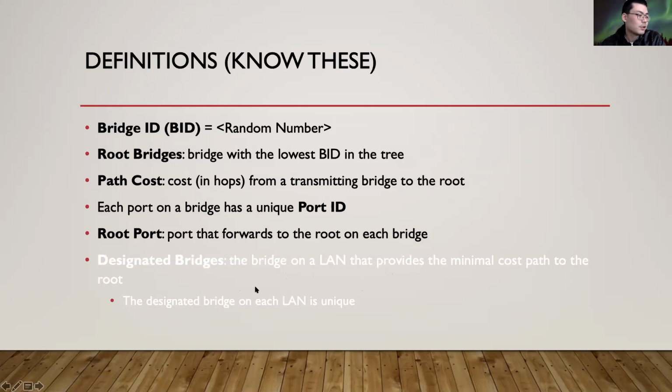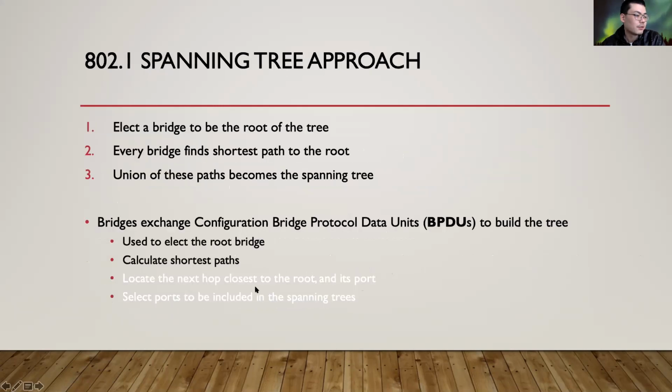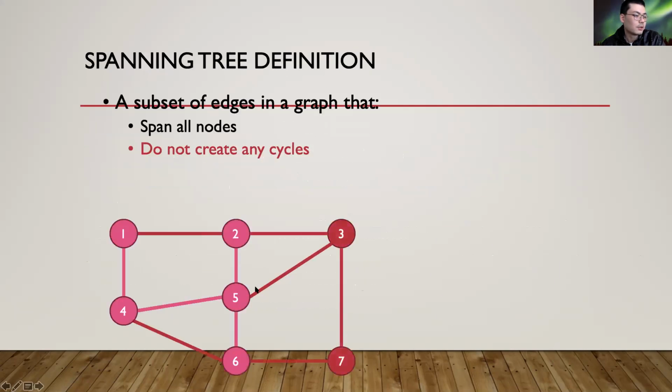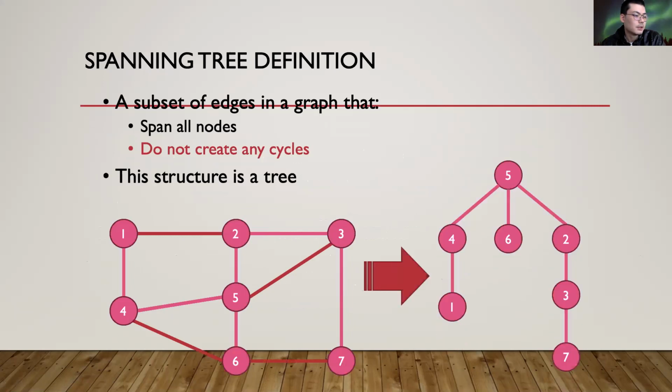Because it's a tree, if you are in the tree, you can only go all the way to the root. For example, if you are 1, you will not send to 2 because it's not part of the tree. So 1 goes to 4, goes to 5. It's unique. If you want to go to 2, it should be 1, 4, 5, 2. It's a minimum cost.